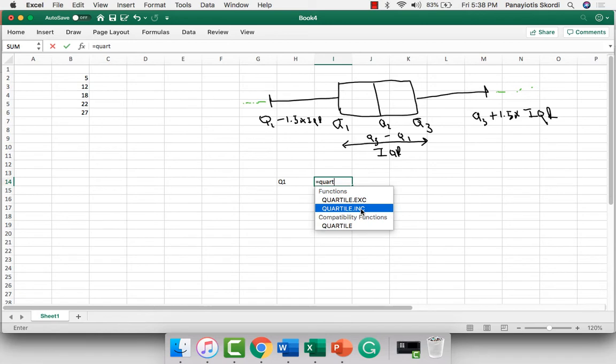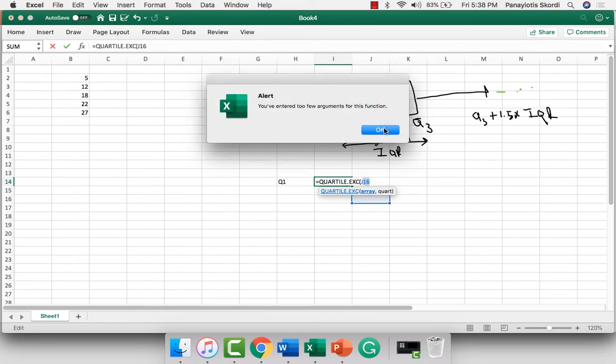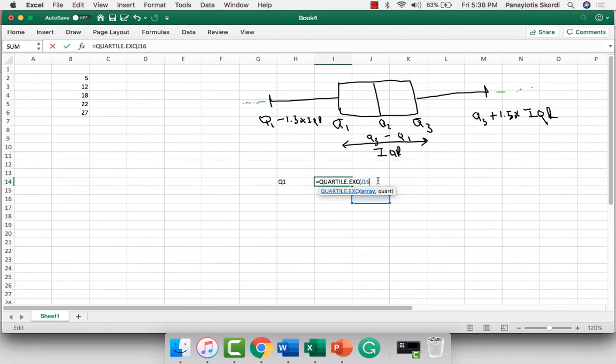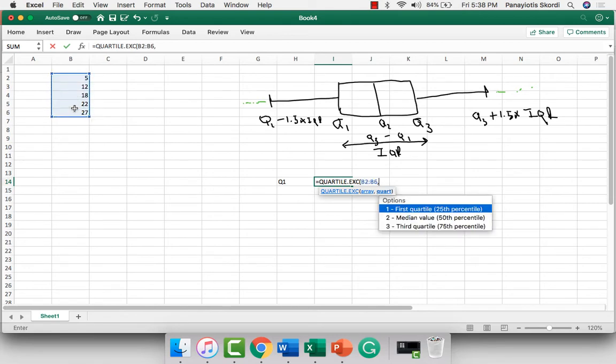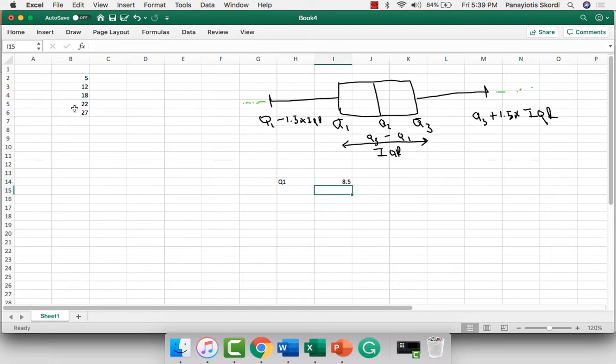There's another school of thought that includes the endpoints, but we're going to exclude the endpoints. We put our data into here, comma, we want the first quartile, so comma 1. And we're going to get 8.5.